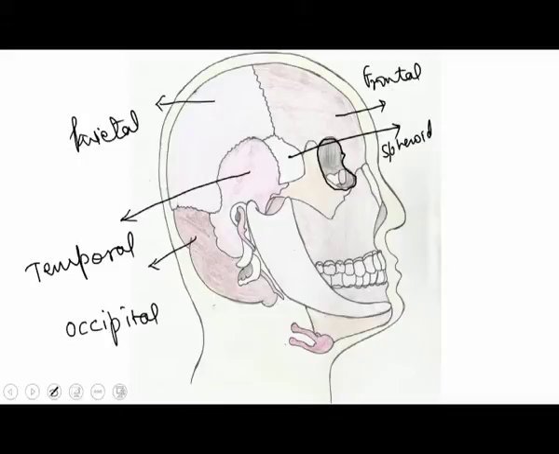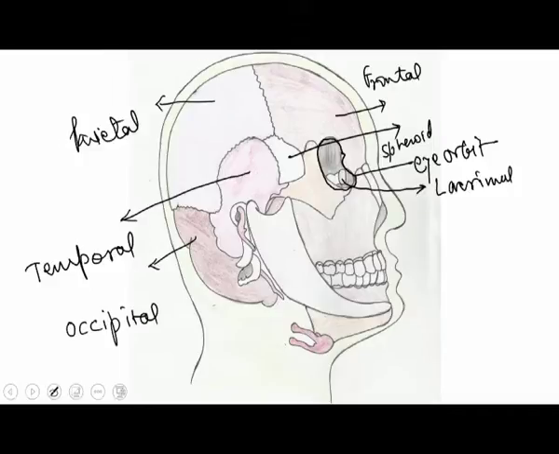Then once we have covered this whole area, we have the orbital, which harbors the eyeball. This is an area which is the eye orbit, and this eye orbit is nothing but the eyeball socket where the eyeballs are. If you see closely, we have two bones here. One smaller bone is called lacrimal.